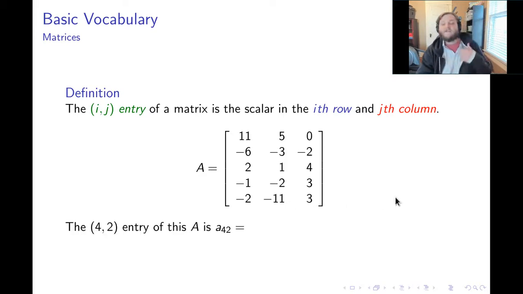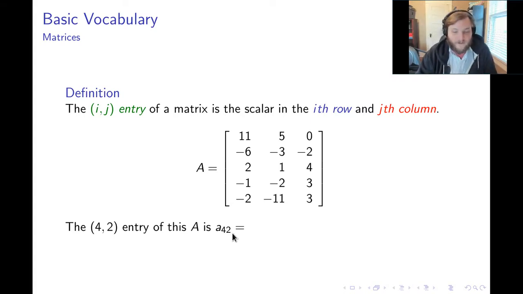Let's say that someone asks us to look up the 4, 2 entry of this matrix. One common way to refer to this entry is to use lowercase notation for the variable we use to define the matrix. Here we defined the matrix as capital A, so if we're looking for the 4, 2 entry of capital A, we might write this as lowercase a sub 4, 2.